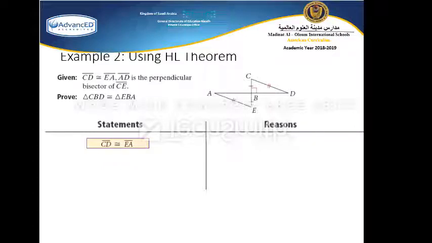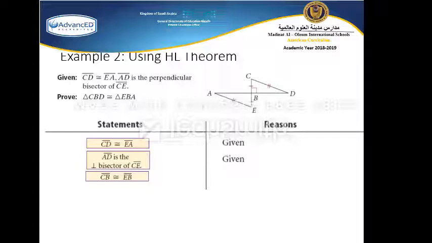In the first part, here we will write the given, CD congruent to EA, this is given, and the other given, that AD is a perpendicular bisector to the line segment CE, this also is given. And here, as we explained, CB is congruent to EB because AD is a perpendicular bisector to this line segment.